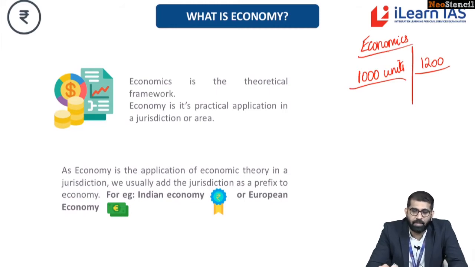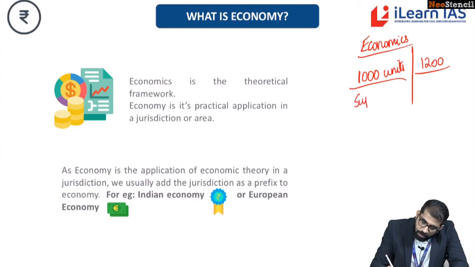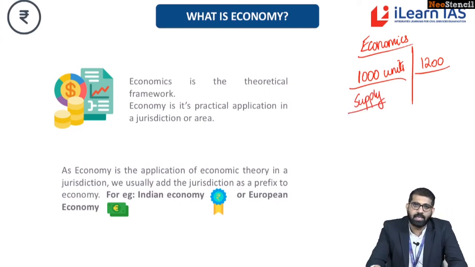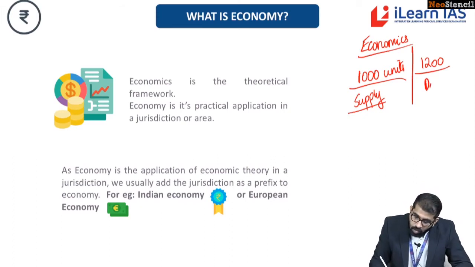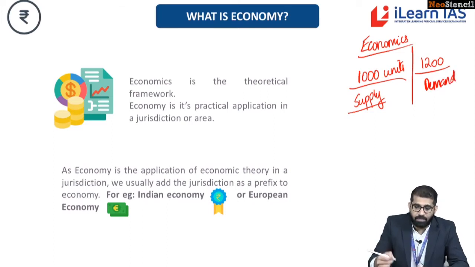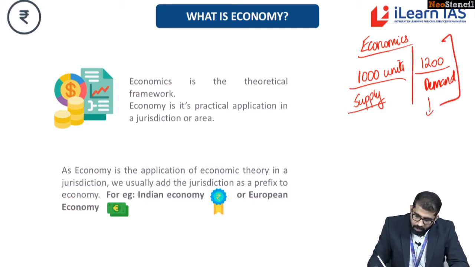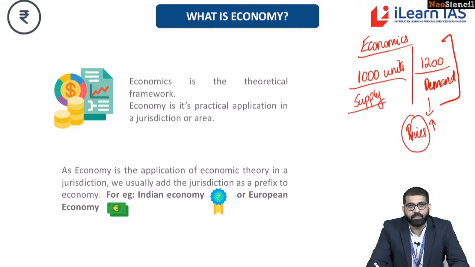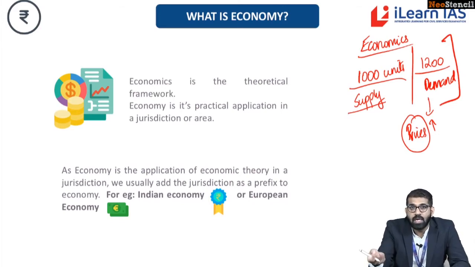In this case, what happens? They are supplying 1000 units, but the demand is 1200 units. So when demand is higher than the supply, automatically what happens? There will be an increase in the price of the product, because people are ready to pay more in order to get those limited products. Clear? So that is one thing.